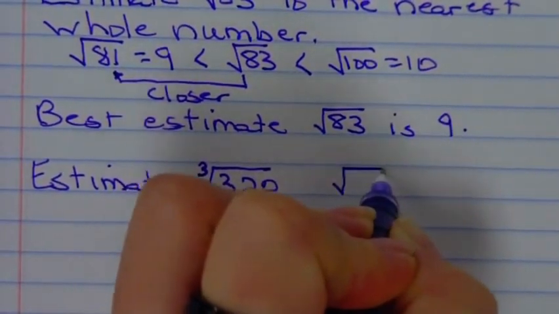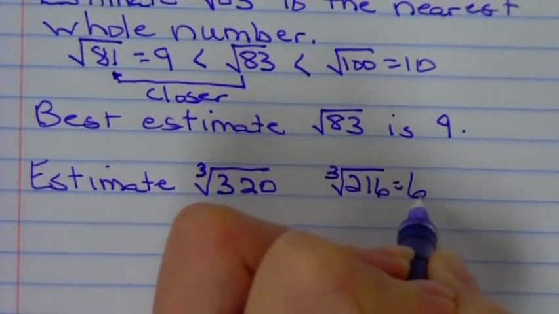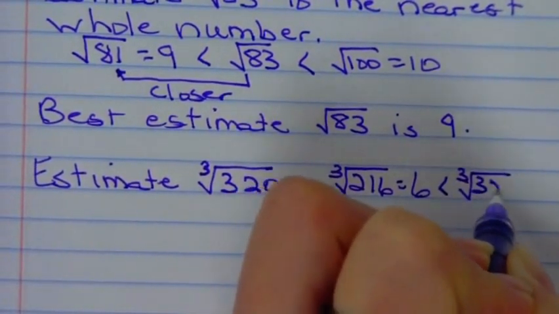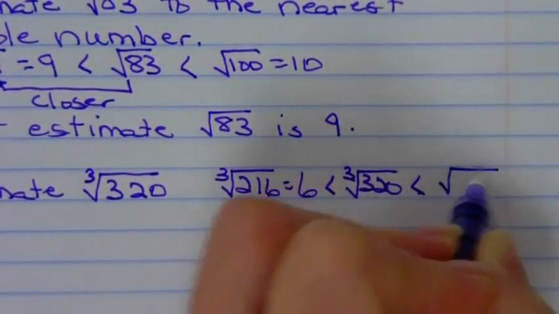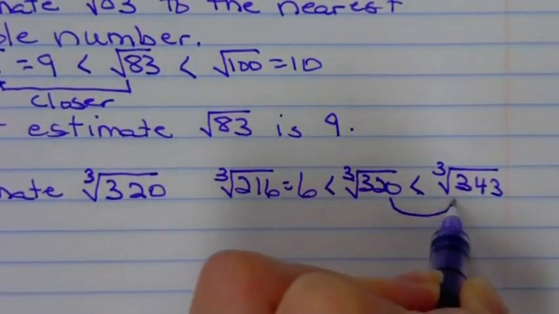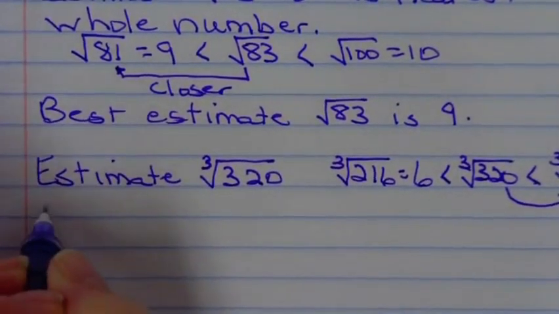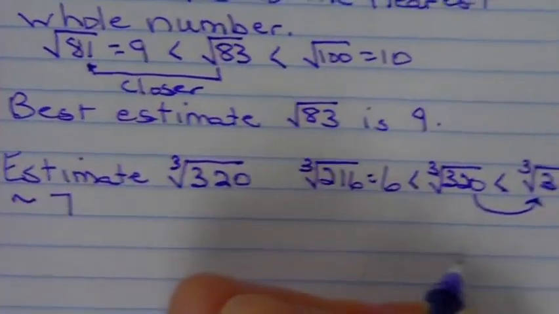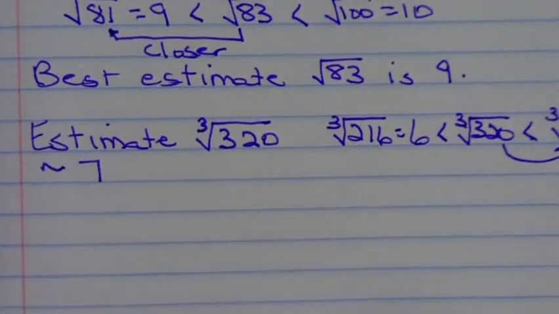The cube root of 216, which is 6, is less than the cube root of 320, which is less than the cube root of 343. It is closest to 343, so the best estimate is 7. I forgot to put 7 over here. The cube root of 343 equals 7. So the best estimate is 7.